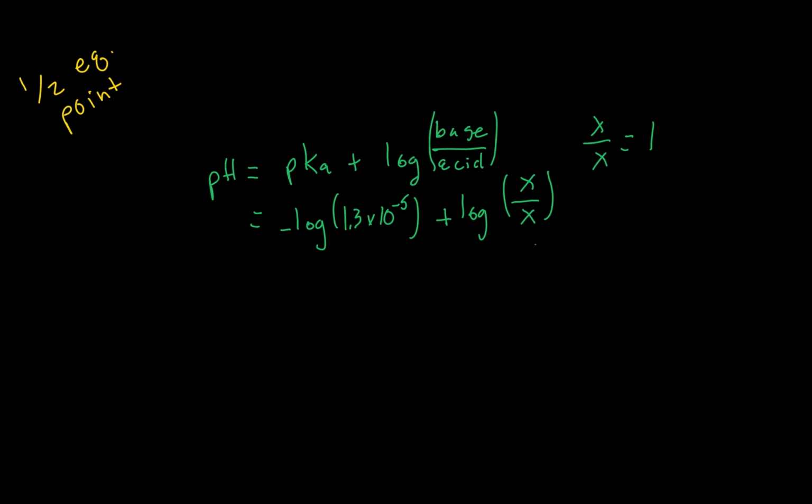And log of 1 is 0, right? That's the same as asking, 10 to the what equals 1? And everything to the 0 is 1. So that means that this term is going to equal 0, and we're just going to be evaluating the pKa value. So pKa is 4.89, all right, plus the 0 from that gives us 4.89 total, and that's going to be our pH at the half equivalence point.